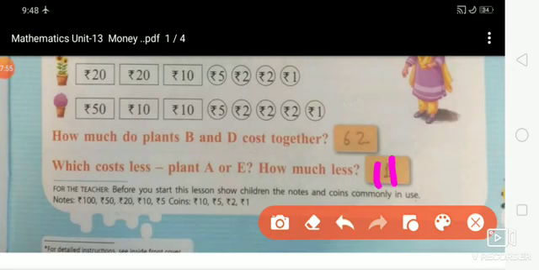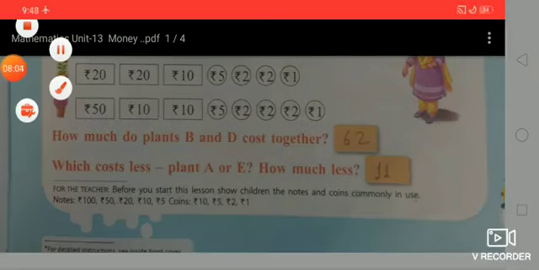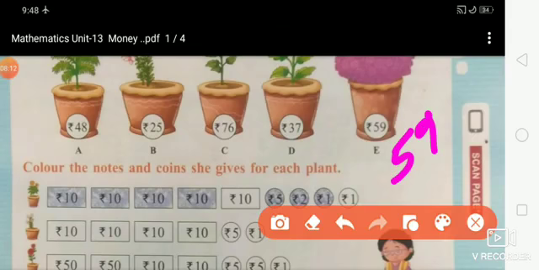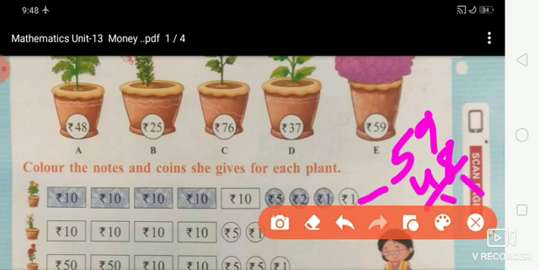Is that clear? So the difference between 59 and 48 is 11. Okay.